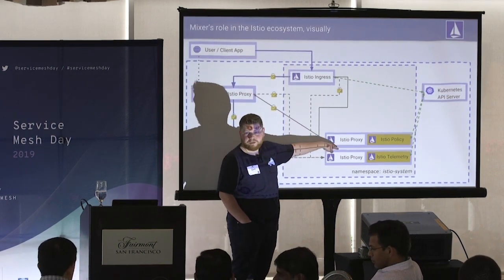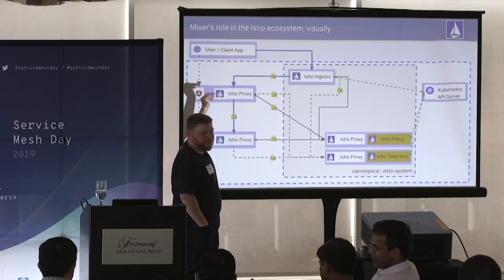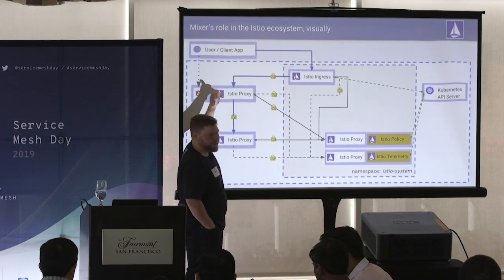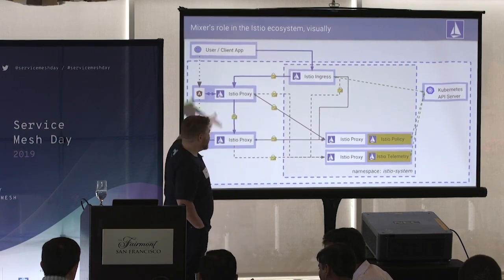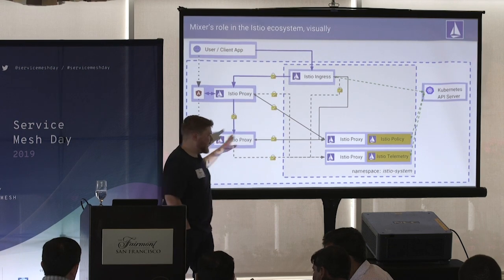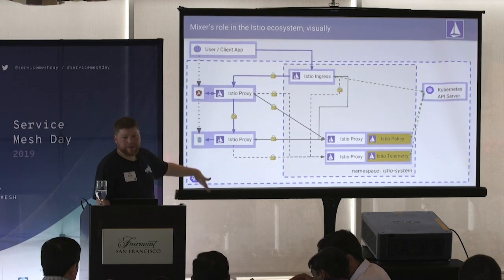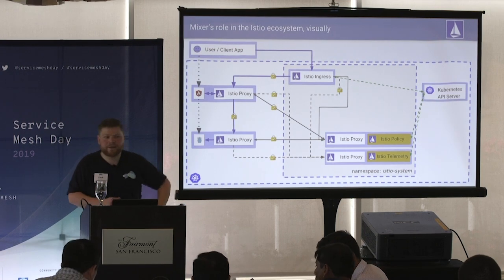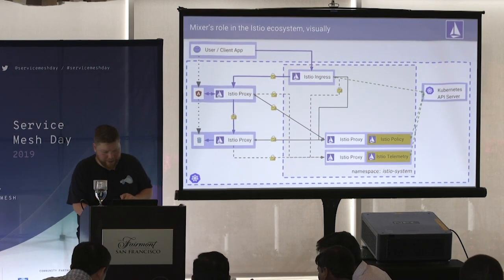This will make a call to Mixer to say, is this allowed at ingress? It'll go to the UI that gets routed from ingress, which is what the user requested. And again, we'll say, hey, do I allow this or not? And then finally, the UI will forward it to the backend, who again says, hey, is this allowed or not? And importantly, all of these can be encrypted with MTLS. We'll talk about the security side of it. But this is how we do service identities to authorize communication.